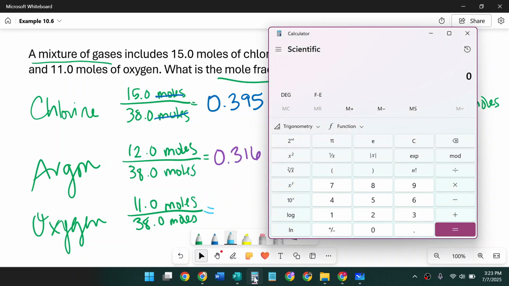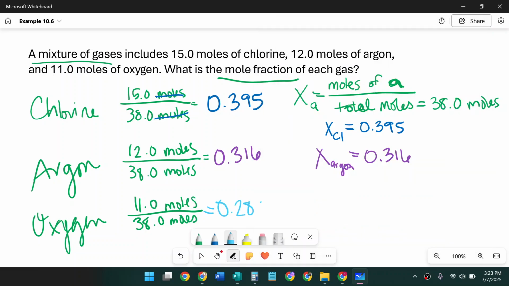And same thing. We just divide 11 by the total moles of all of them. We keep three significant digits, so 0.289. So X, I'm going to abbreviate with my little O here again, 0.289. So that's our mole fraction for each.